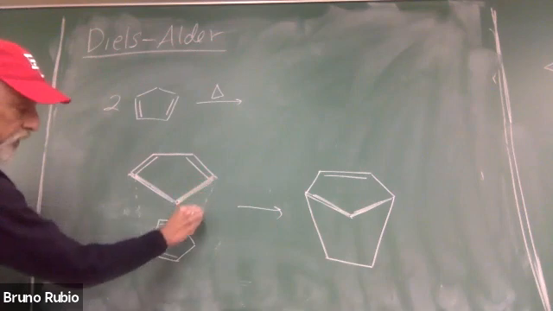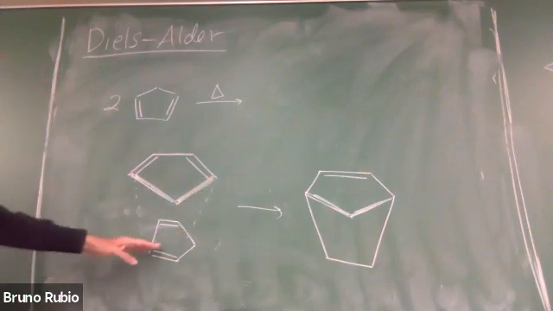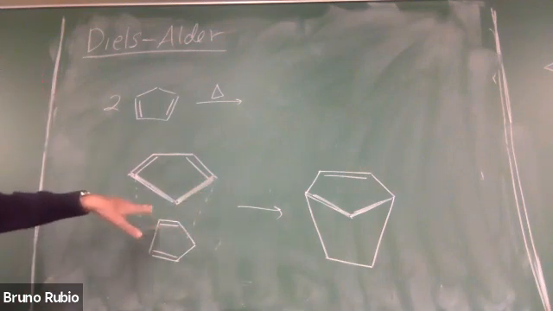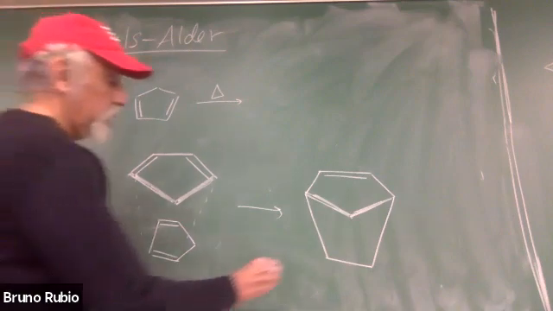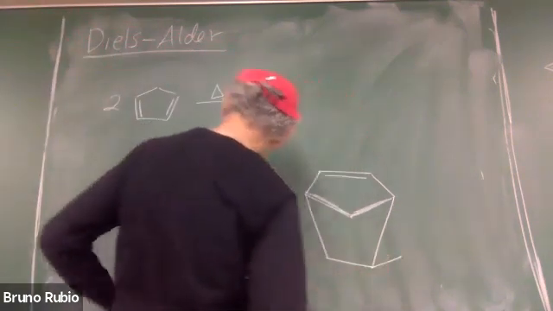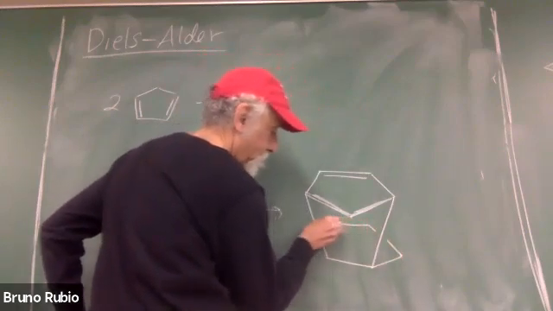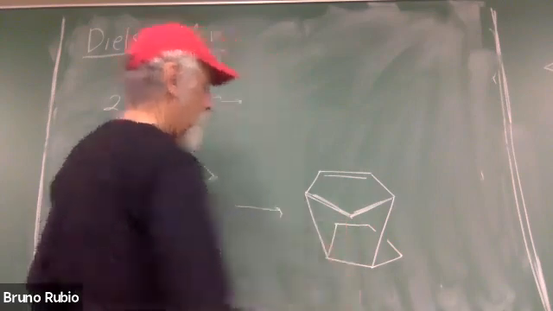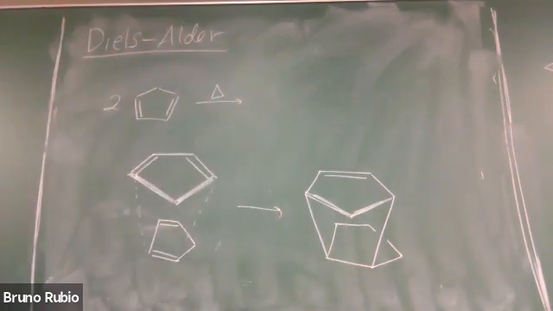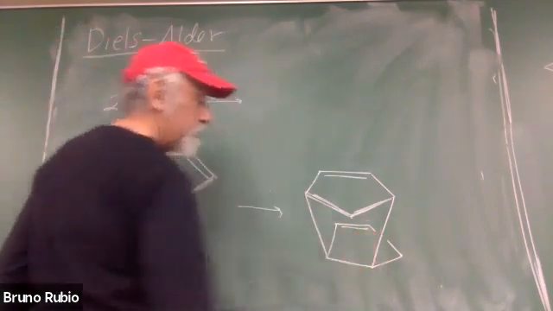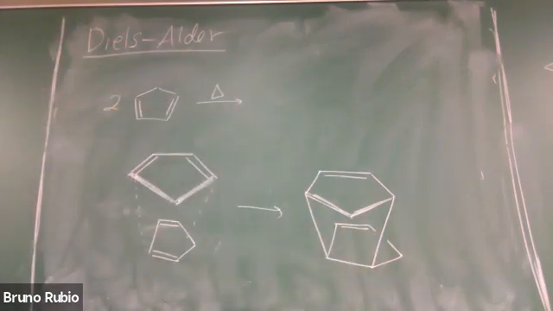This guy got together with this guy. The dienophile got tucked under. So it would look something like that. And nothing happened to this double bond back here because he wasn't part of the reaction. So that would be kind of an ugly and hideous drawing of what the product would look like.